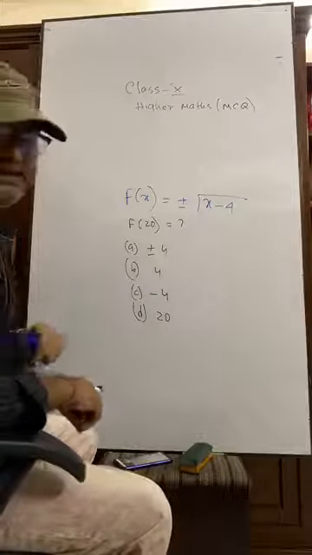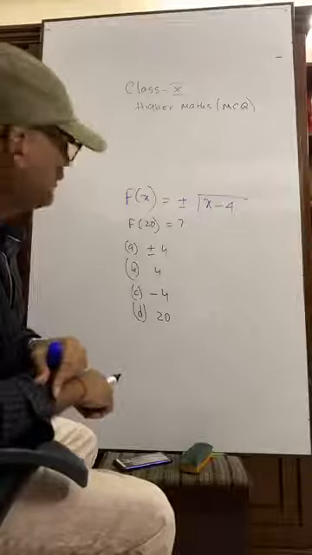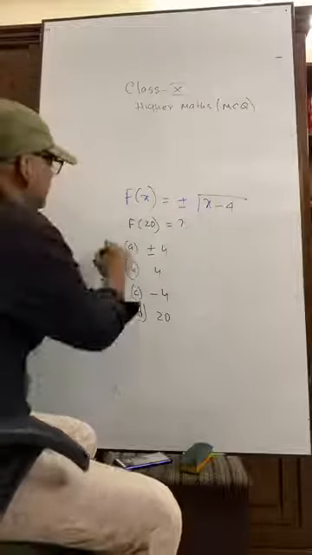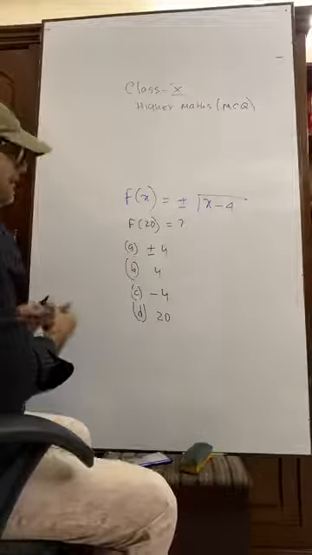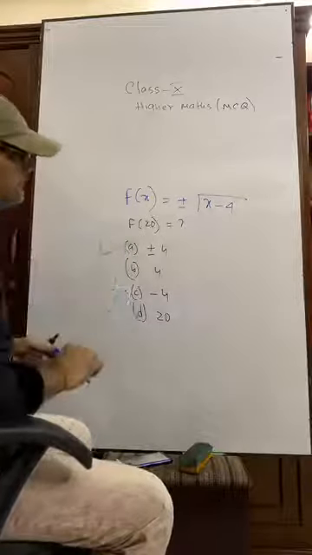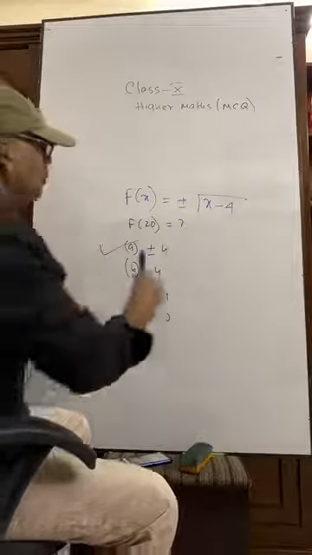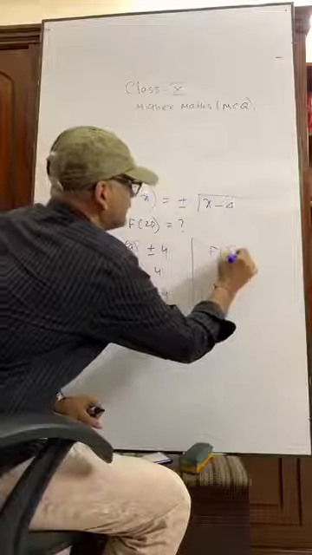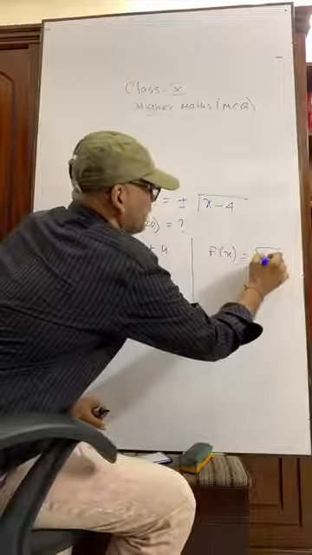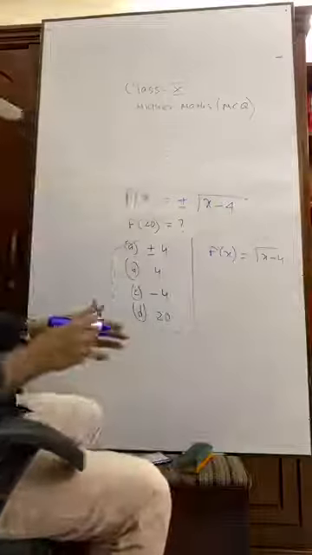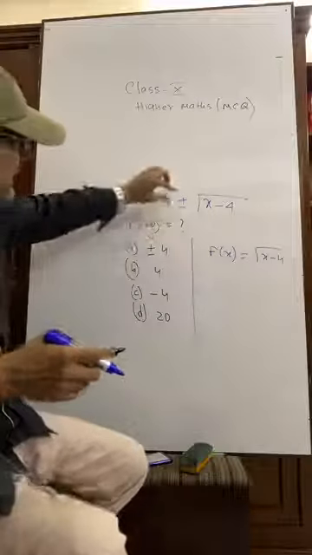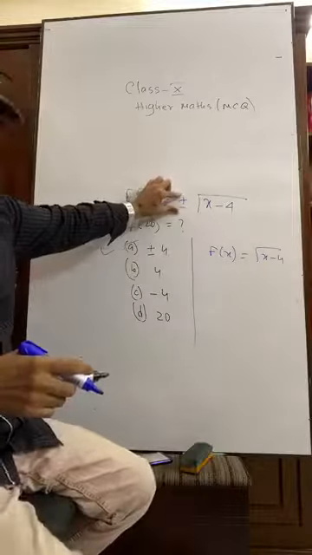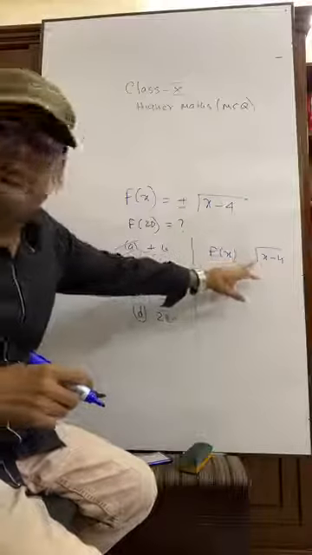I know that now all of you will take option number A, right? But what was our previous math? The previous math was f(x) equals root over x minus 4. See the difference. Here there is plus minus given. Here plus minus is not given.